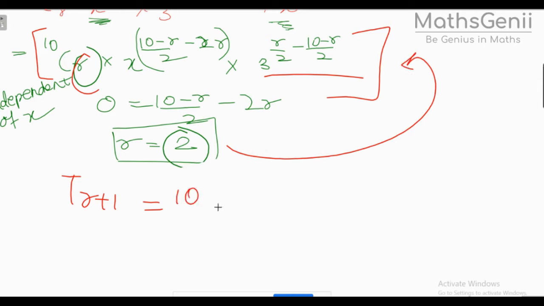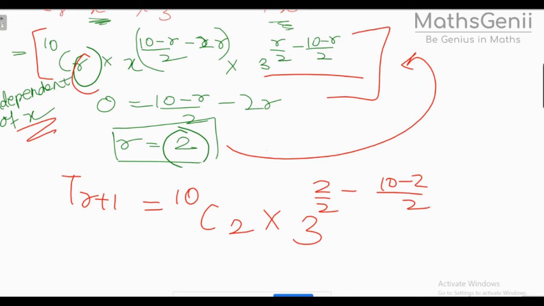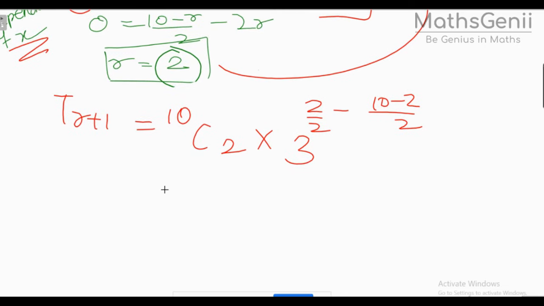So 10cr is nothing but 2 into x term I'm not going to consider because this term I am finding is independent of x. So x I'm not considering. 3 into r is 2. So 10 minus 2 by 2. So you have 10c2 is nothing but 10 into 9 upon 2 into 1 into 3.